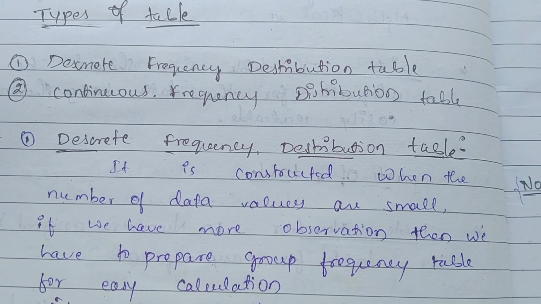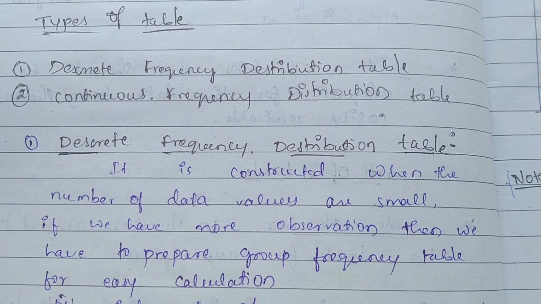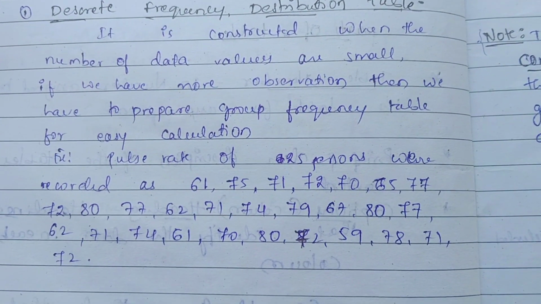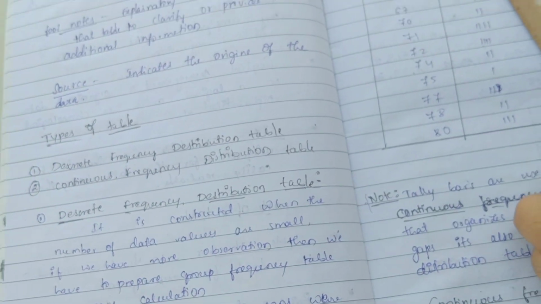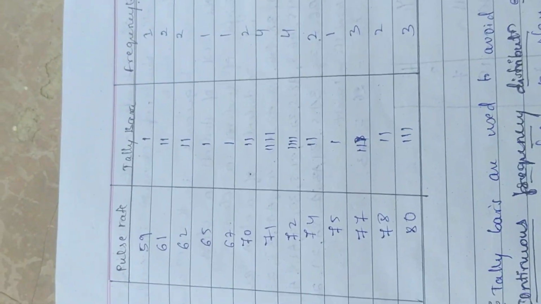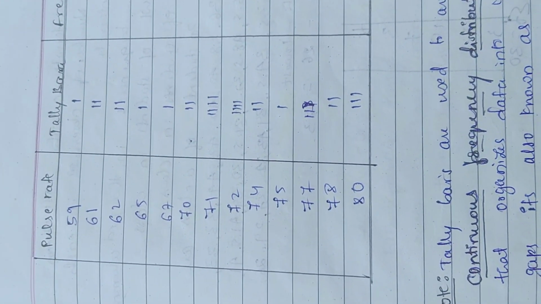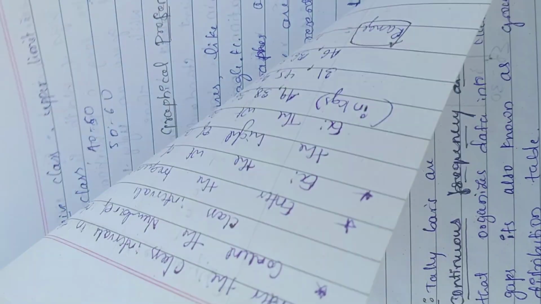There are two types of tables: the discrete frequency distribution table and the continuous frequency distribution table. They will give information like this. We'll form a discrete frequency distribution table. They will give numbers, and we write in the table which number is repeated how many times, and form the frequencies.